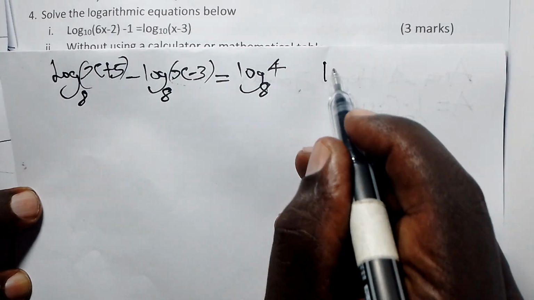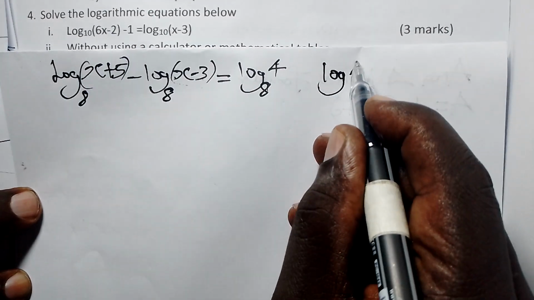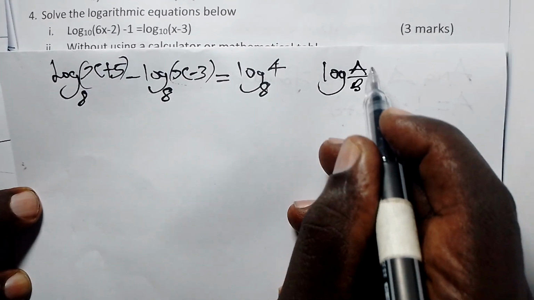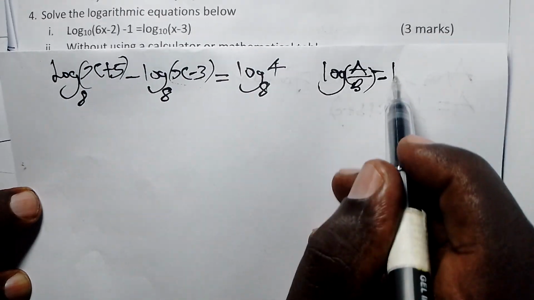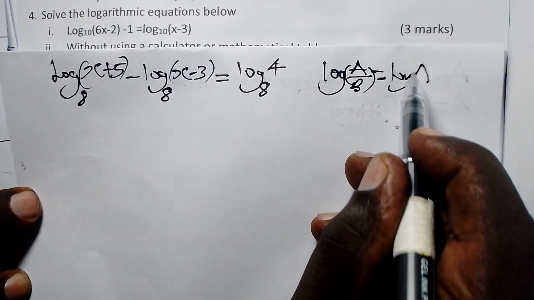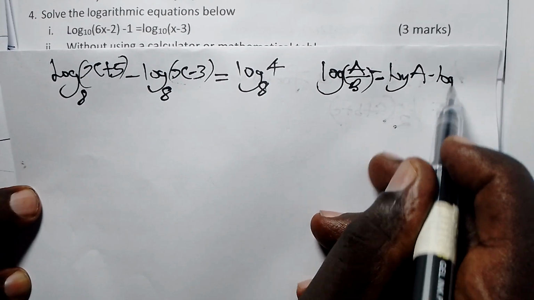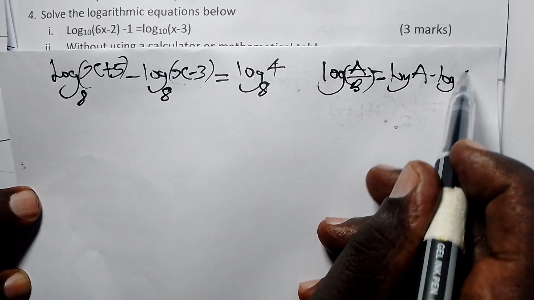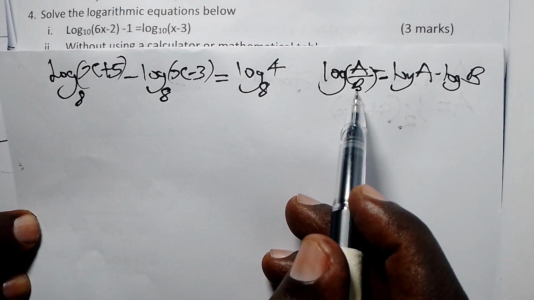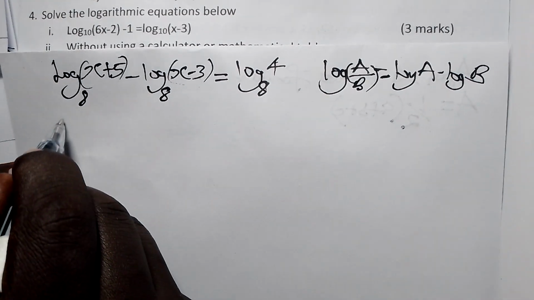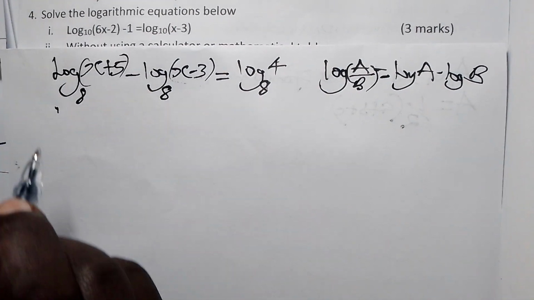The log of a over b is given by the log of a minus the log of b. So I want to rewrite it in this form.